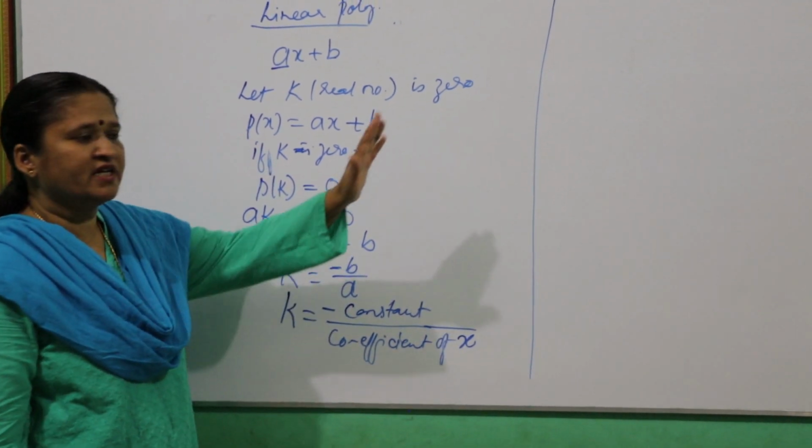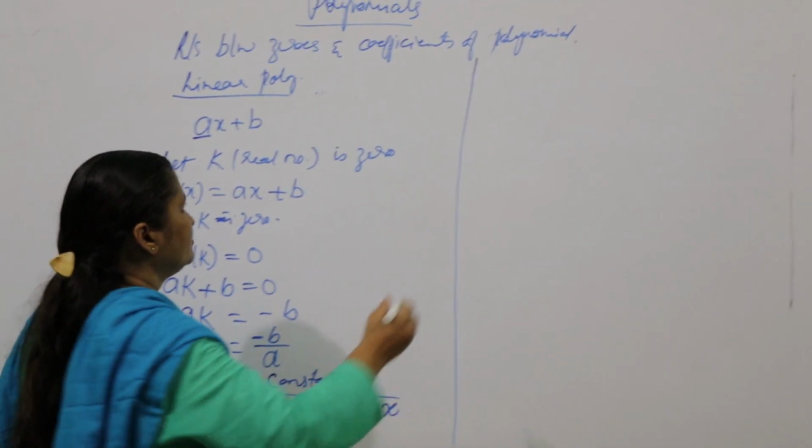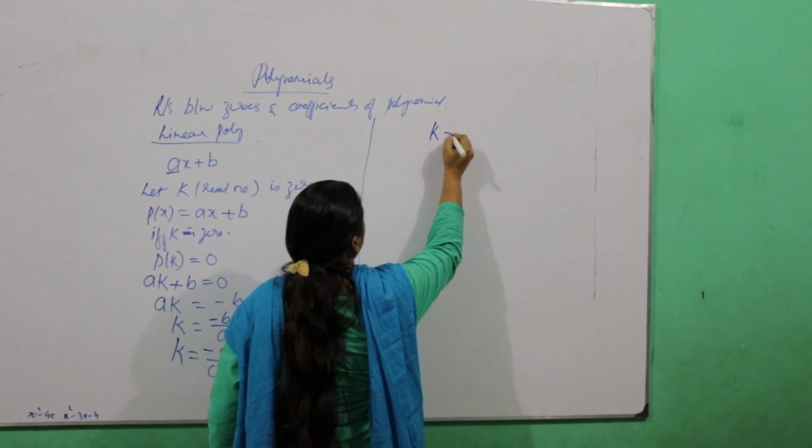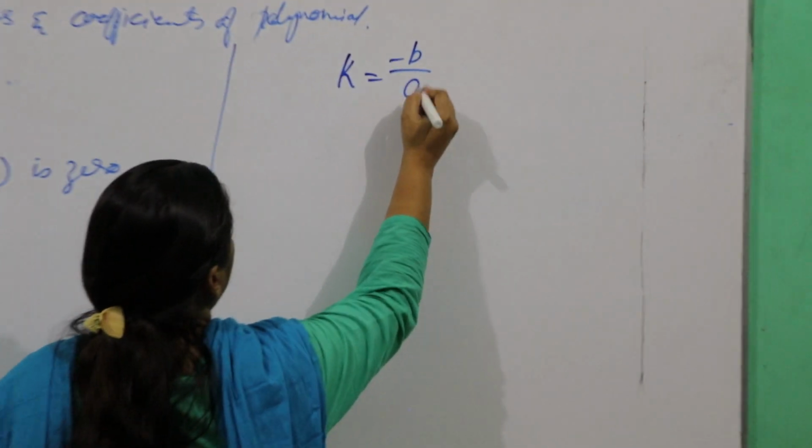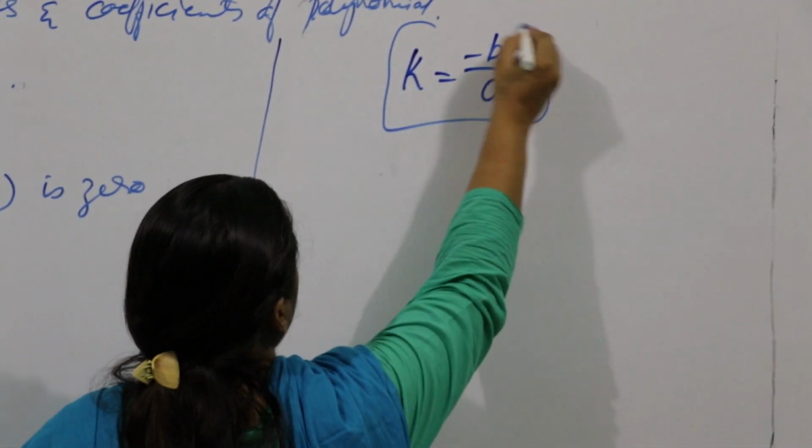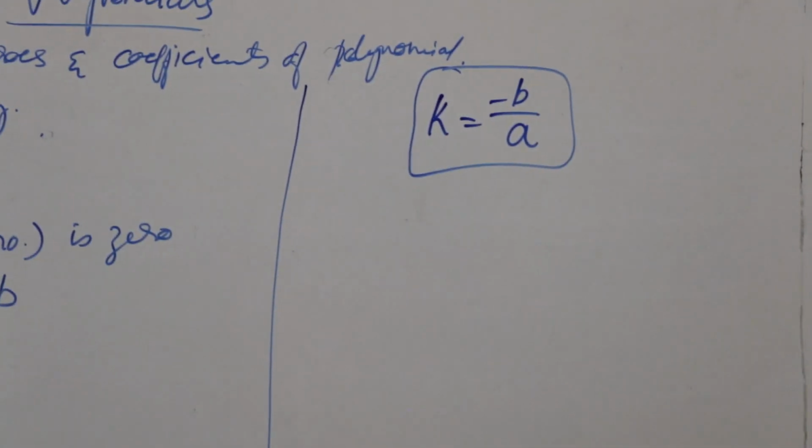Keeping this relationship on one side, k is equal to minus b by a. This is for a linear polynomial.